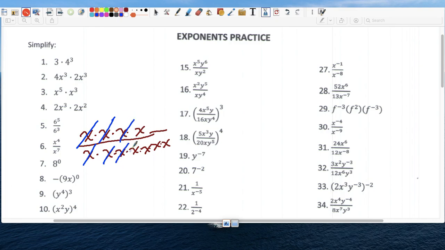X divided by x is 1. X divided by x is 1. So if you look at this, on the top, the only thing we have left over is a bunch of 1s. 1 times 1 times 1 times 1 is just 1. And at the bottom, we have 3 x's left over, which we're going to write as x to the 3rd power. That's how you do division. Okay?